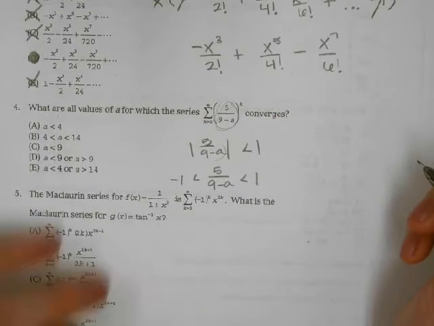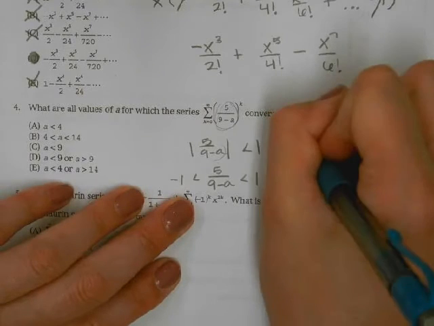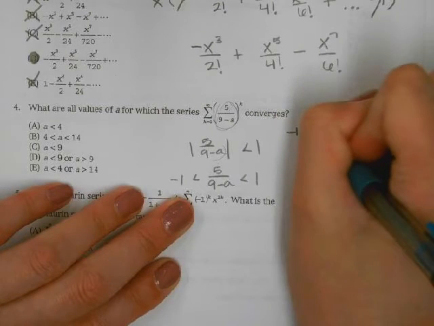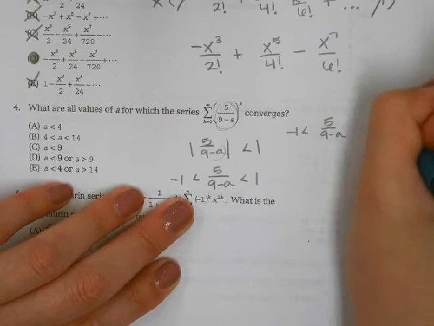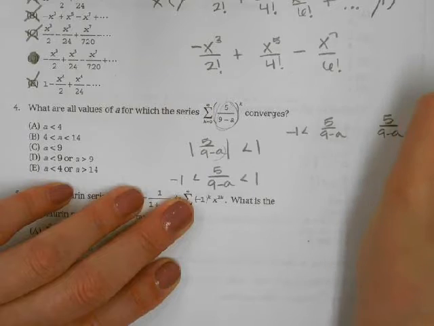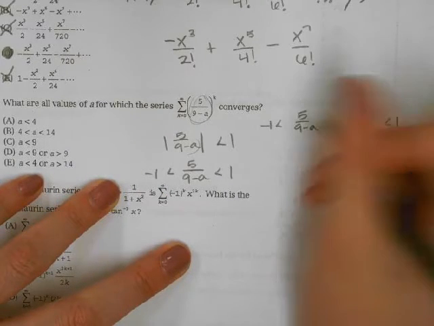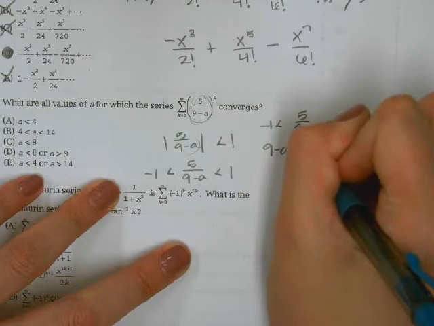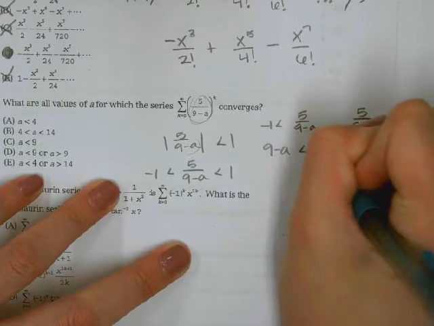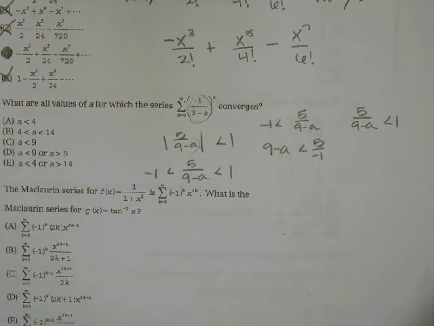Then I set up two inequalities and solved them. So -1 is less than 5 over 9 minus A, and 5 over 9 minus A is less than 1. When I did this, I had those switch places. So 9 minus A is less than 5 over -1, so that's -5.